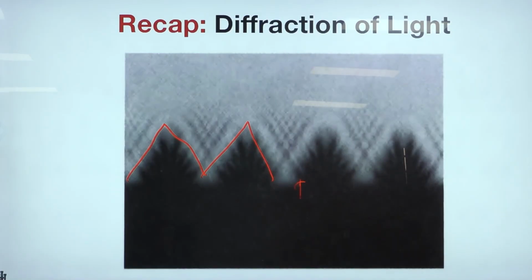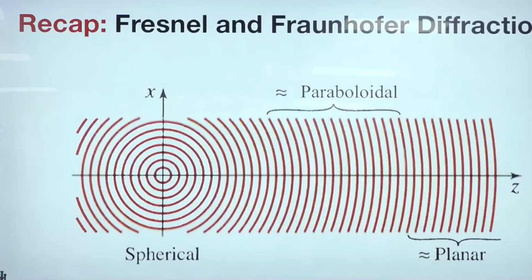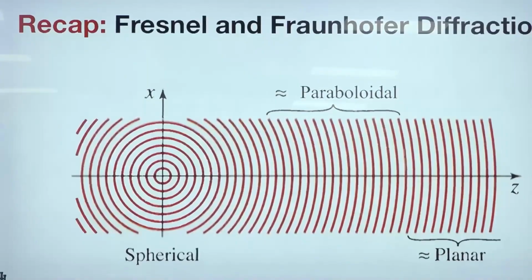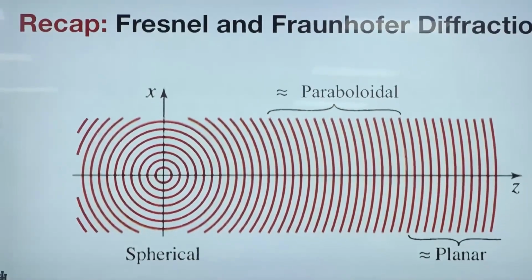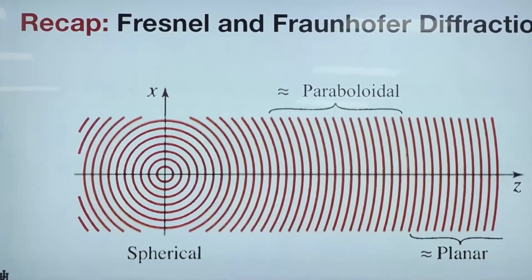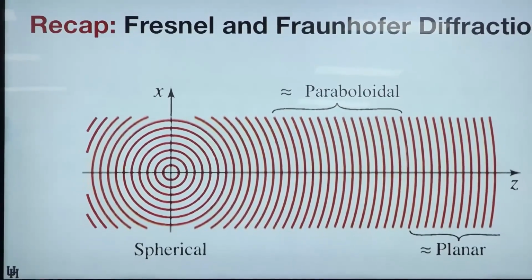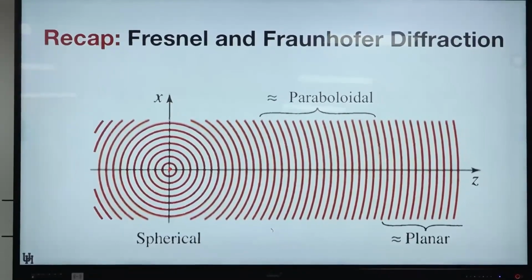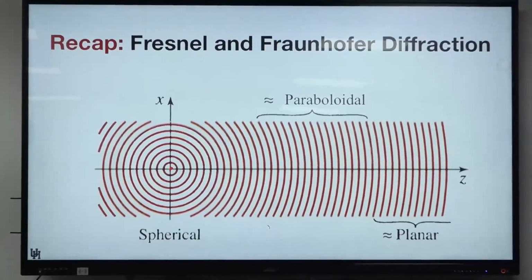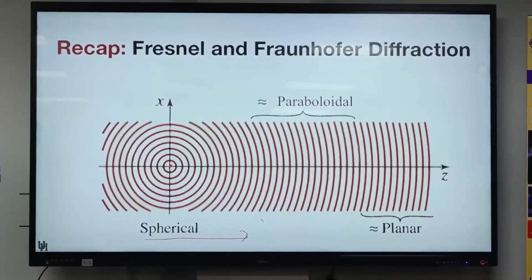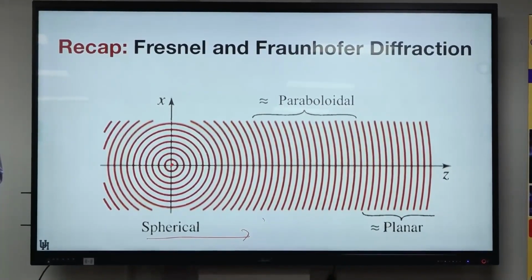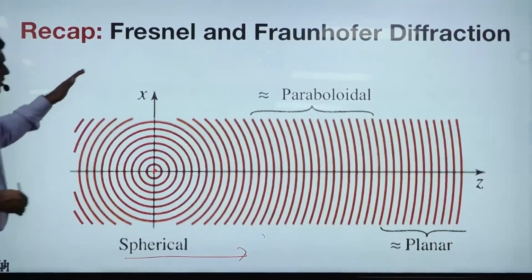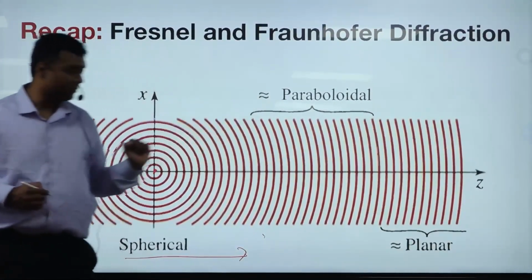The other thing that we discussed last time was the concepts of Fresnel and Fraunhofer diffraction. To summarize, if you have a point emitter of light, as you go a certain distance away from the source, in a certain region, you can make what's called a parabolic assumption about the nature of the wavefront.